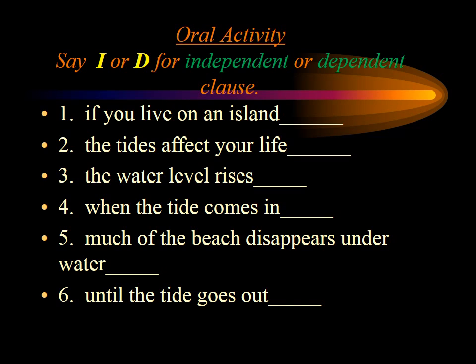Write your answer down on a piece of paper quickly. Number 2, the tides affect your life. 3, the water level rises. 4, when the tide comes in. 5, much of the beach disappears under water. 6, until the tide goes out.